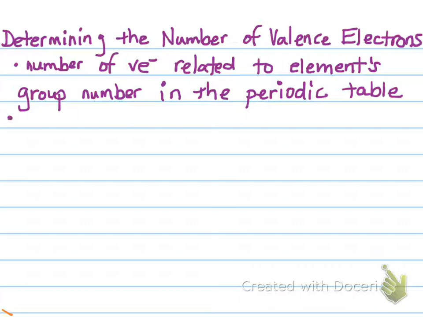So, how do we use our periodic table to determine the number of valence electrons?